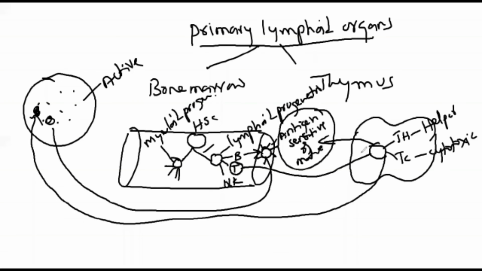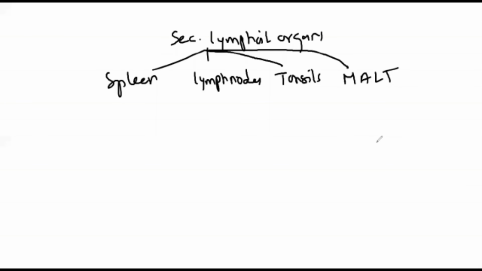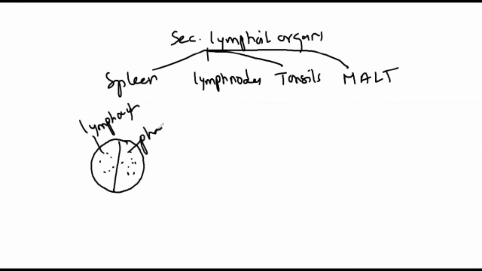Now we'll see the secondary lymphoid organs. The secondary lymphoid organs include spleen, lymph nodes, tonsils, and MALT. Here, the spleen is the largest lymphoid organ in which we can observe both lymphocytes and phagocytes.